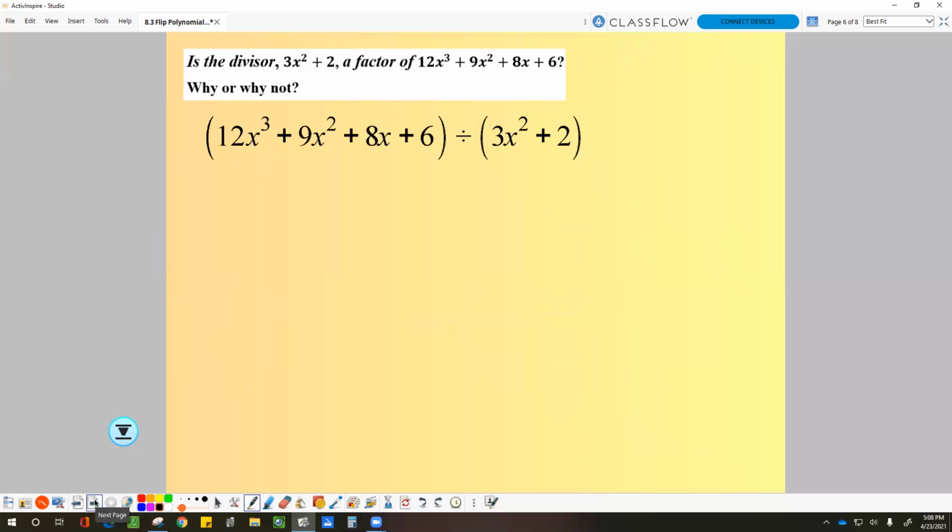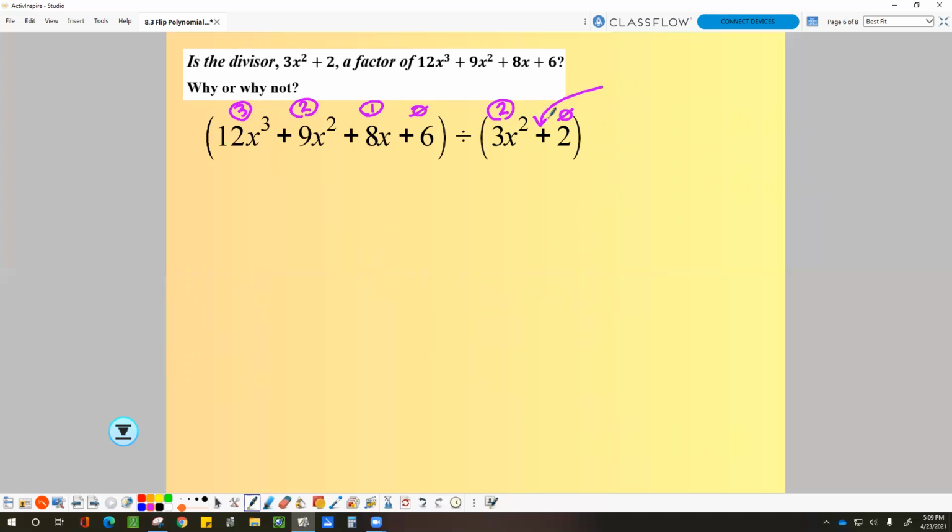12x to the third plus 9x squared plus 8x plus 6. We'll check our degrees. 3, 2, 1, 0. This one's fine. 3x squared plus 2. Degree 2, degree 0.